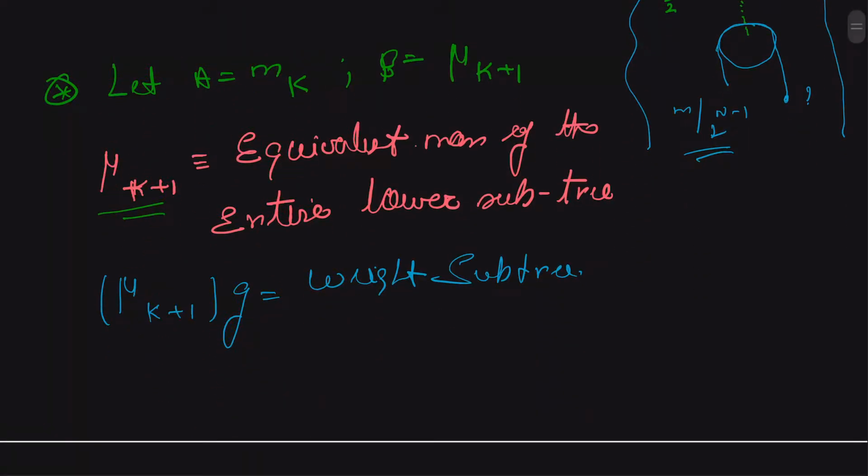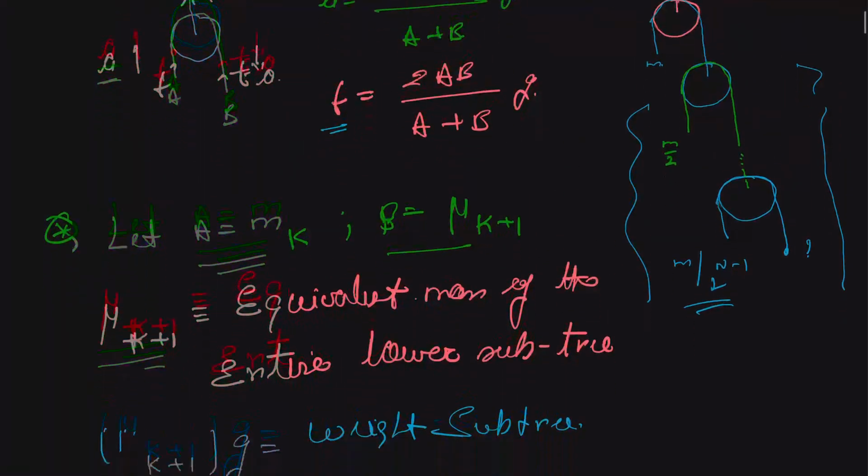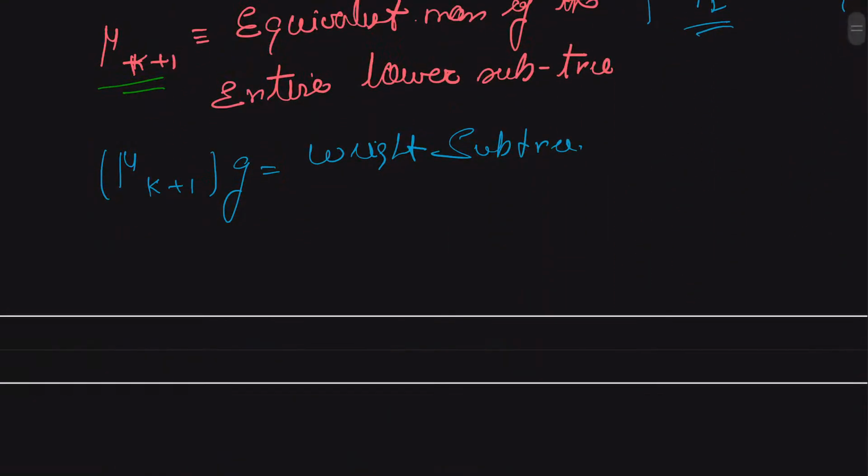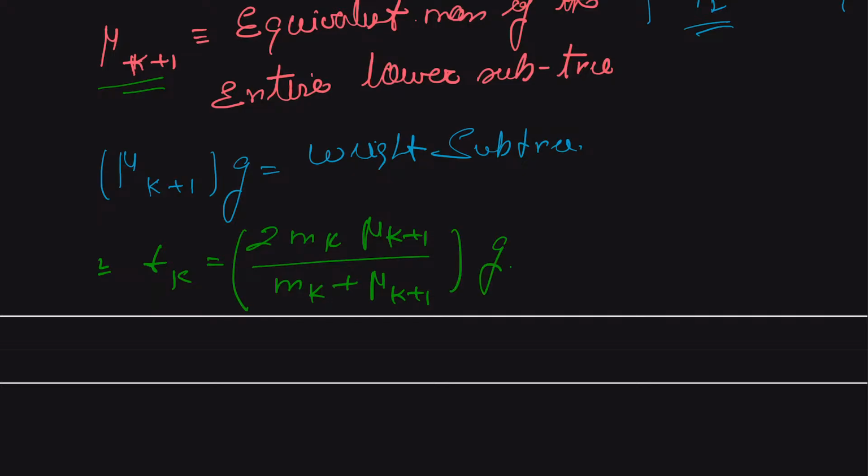Therefore, we can put our a is equal to m of k and mu is equal to k plus 1 in our equation for our tension. Therefore, we can say tension Tk will be equal to twice m of k mu k plus 1, and this comes as m of k plus mu k plus 1 times g.